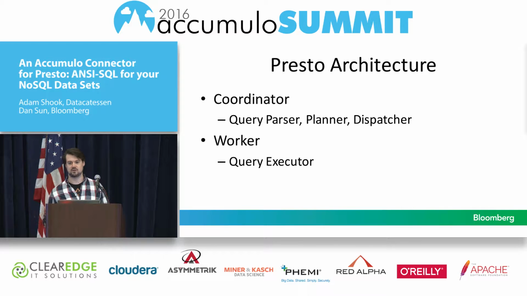It receives a SQL query, parses it, validates the syntax, and plans how the query will move from the data tables through the filters, joins, aggregations, orders, and so on. It builds that plan and dispatches it out to multiple worker processes. The worker is the thing that actually executes the query.